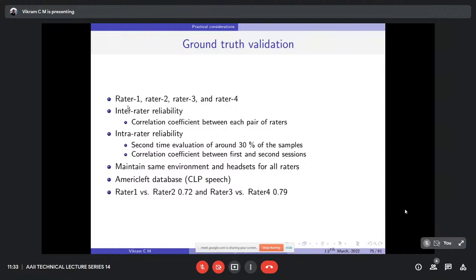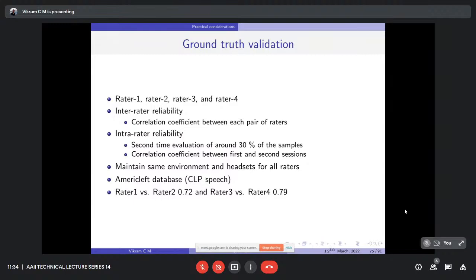That's why we need to collect ratings from multiple raters and find the correlation. Inter-rater reliability means the correlation between each pair of raters. Intra-rater reliability means that whenever we give samples for evaluation, a rater may give one category of rating the first time, and the next time the rating may change.